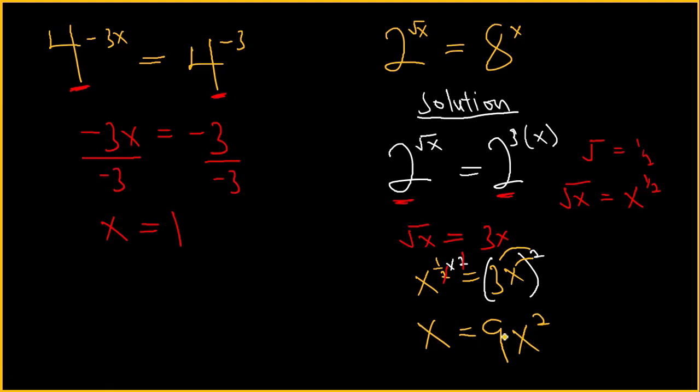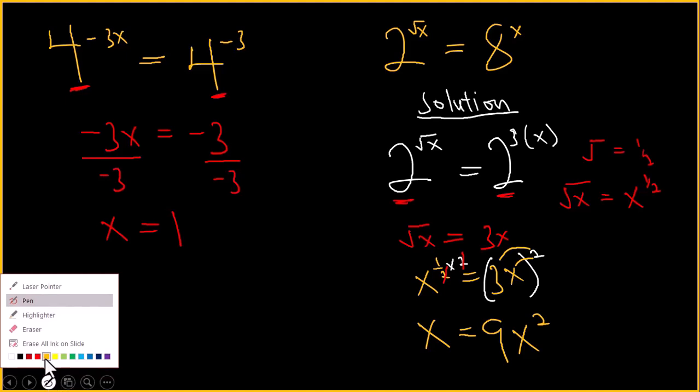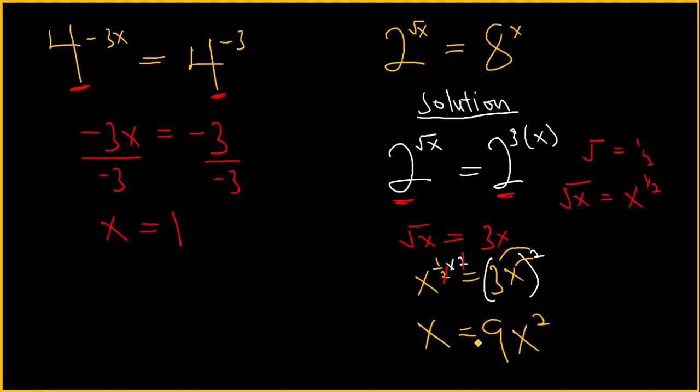So this is leading us to a quadratic equation, meaning we're getting 2 x values. Let's proceed. So let's go back and then validate. x equals 9x squared.